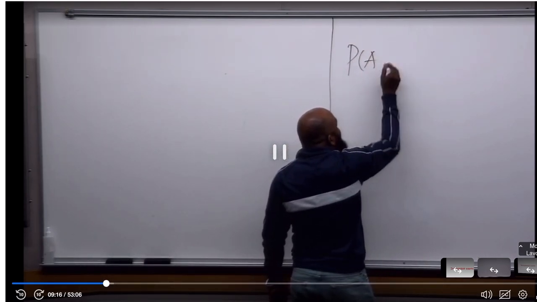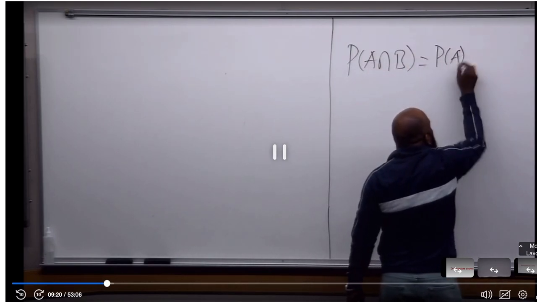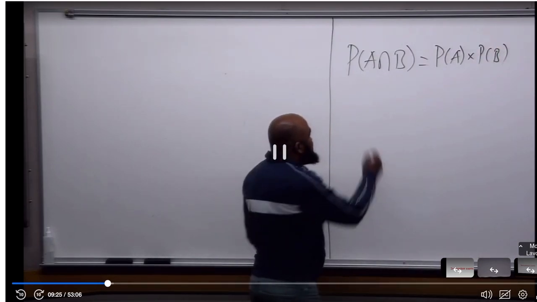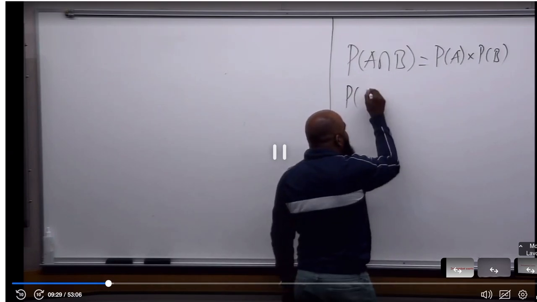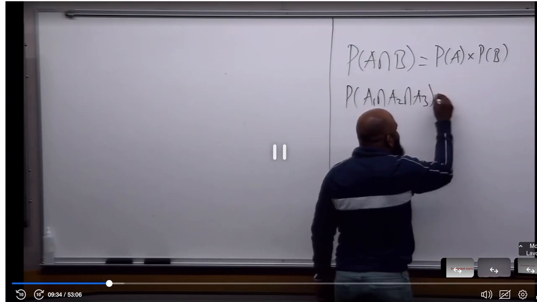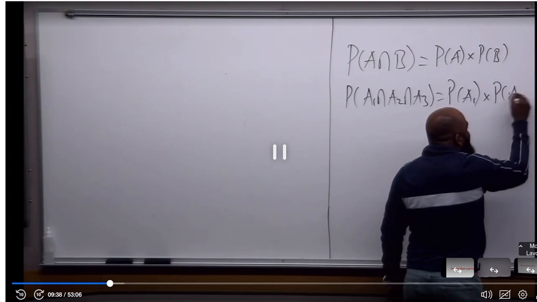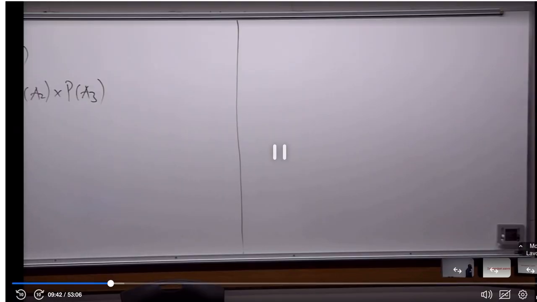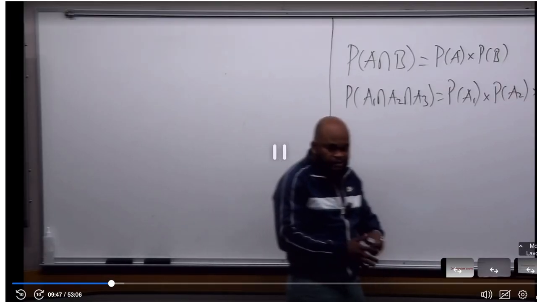If A and B are independent, the probability of them occurring together is just going to be the product of the respective probabilities. Now, if I have three events, A1 intersection A2 intersection A3, it's going to be the product of P of A1, A2 and A3.